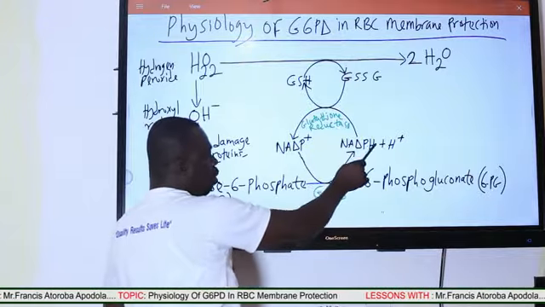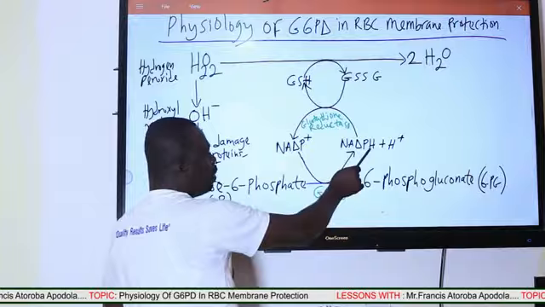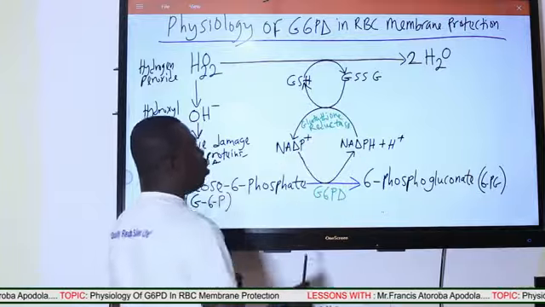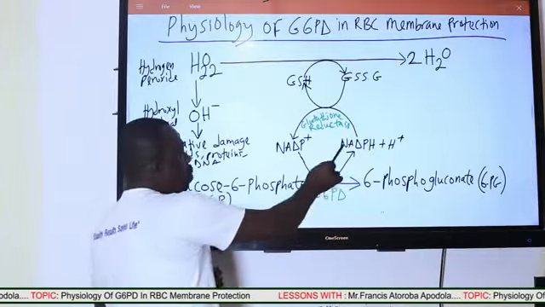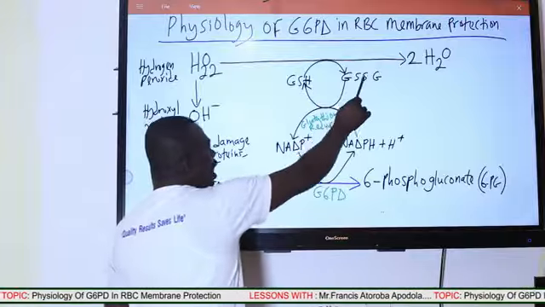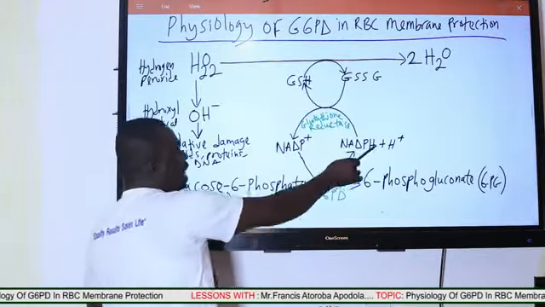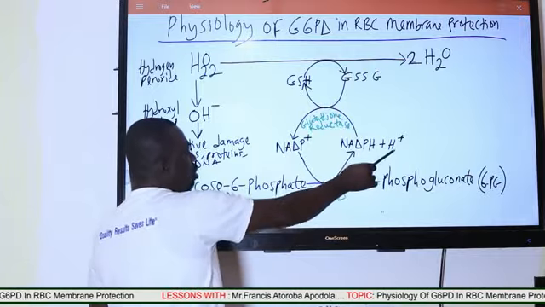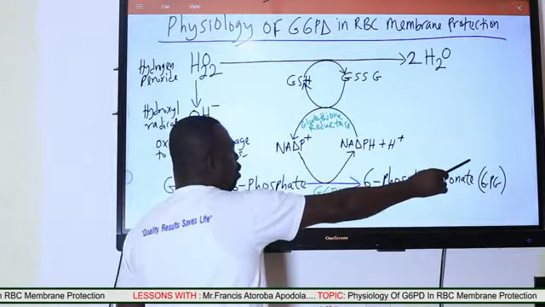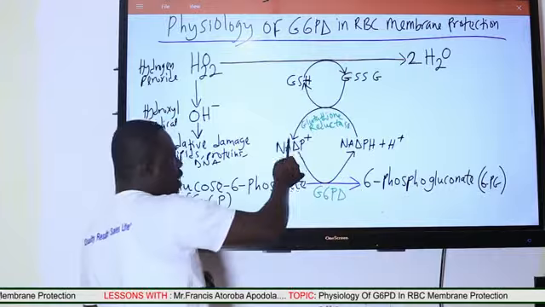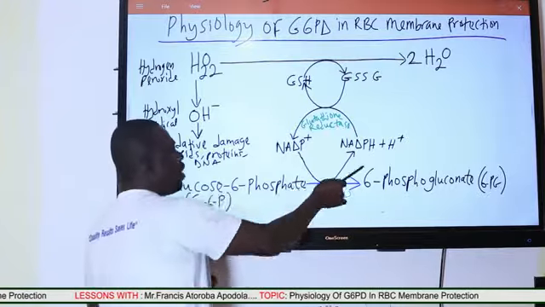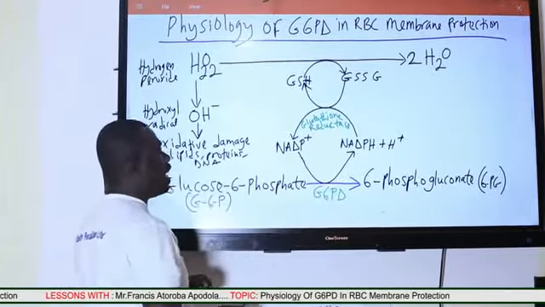There is removal of hydrogen atom from NADPH, which is being added to oxidized glutathione. Whilst the oxidized glutathione is being converted to the reduced form, the NADPH, once it loses the hydrogen, that is removal of hydrogen, then tends to be an oxidation reaction, regenerating the original NADP+.